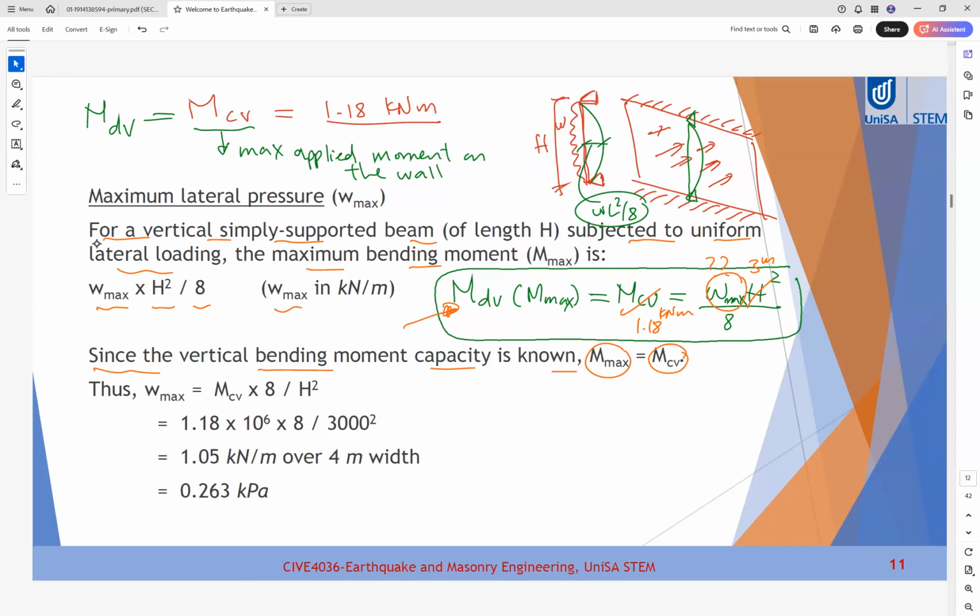So now, if we substitute here, 1.18 equals W max times 3 squared over 8.